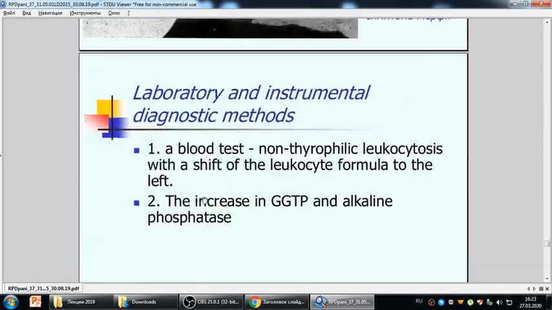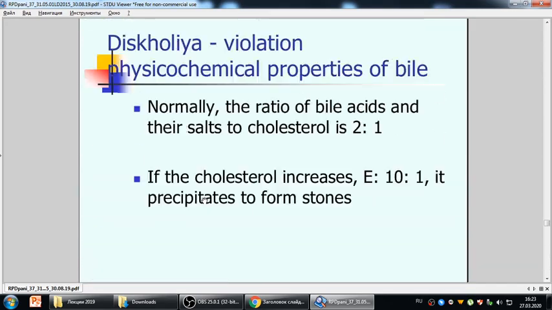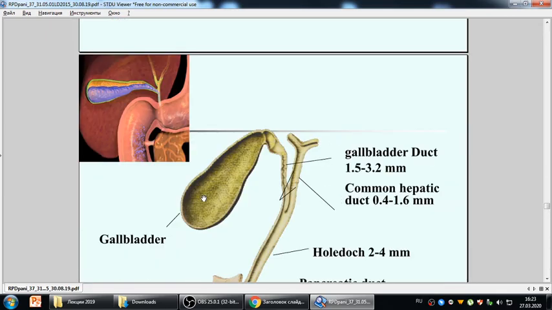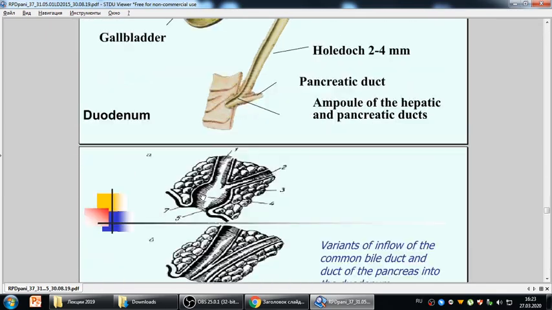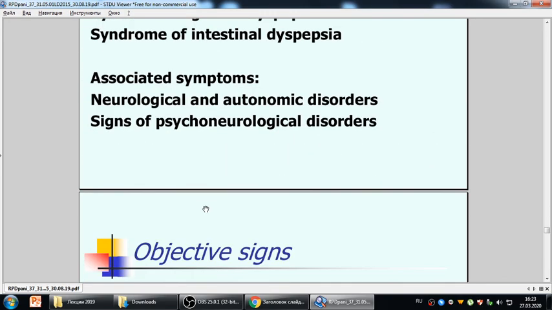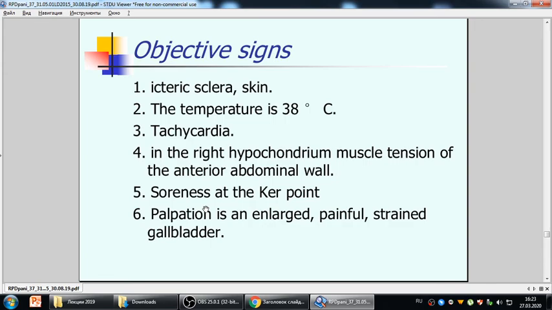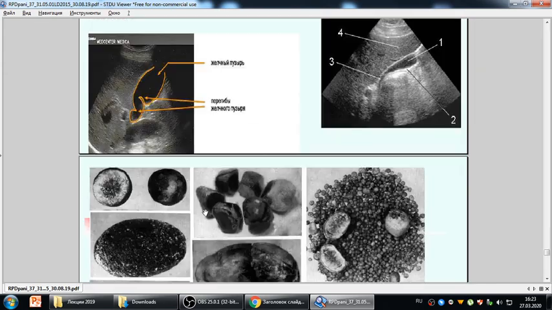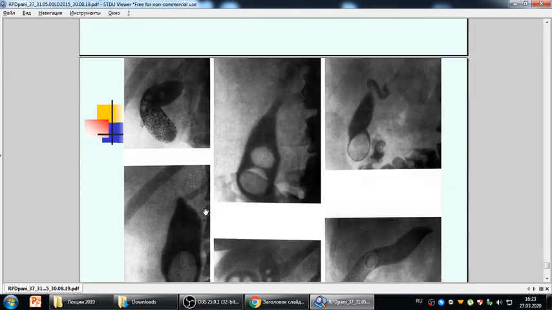And that's why in these disorders it's very important to detect the clinical picture and the lab tests, and of course we can use any visualization method for the diagnosis of cholecystitis.